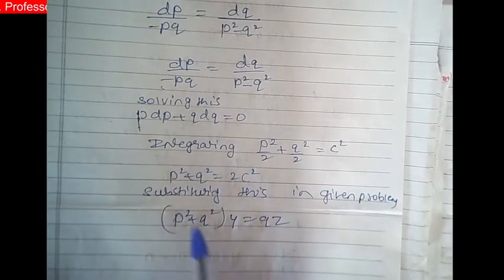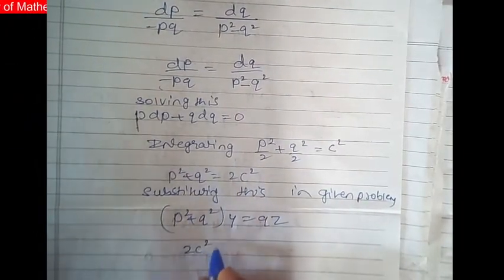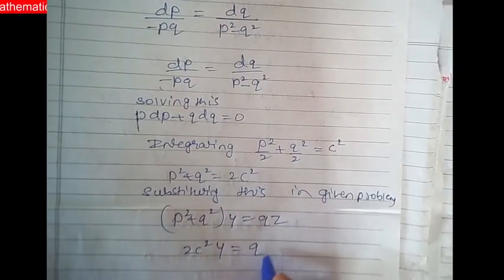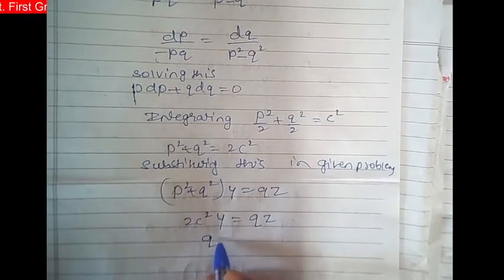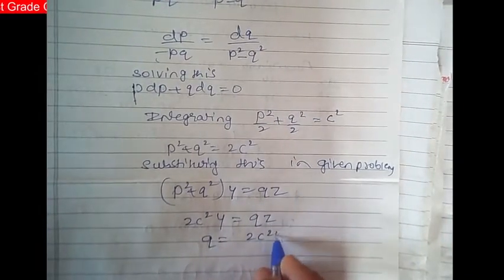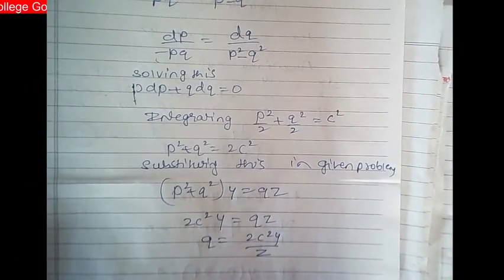So in this equation substitute this value here, which gives 2c square into y is equal to qz. From this equation q is equal to 2c square y divided by z you will get.